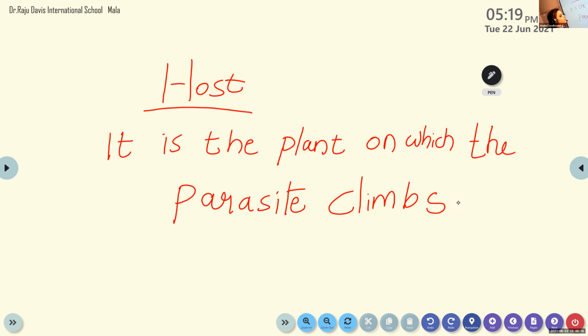The plant on which the parasite climbs is known as host.